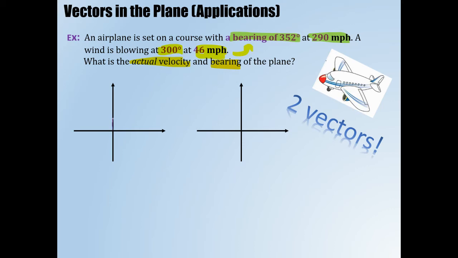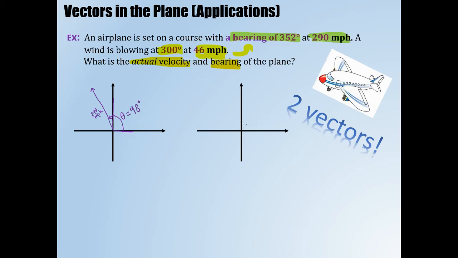Remember the bearings start with the north going clockwise, so that's a little bit before I get to 360. So I've got this vector, 290 miles per hour, and I can certainly figure out theta. You can figure out the angle in standard position, right? So that would be 352, 90, and 8. What is that? 98 degrees.